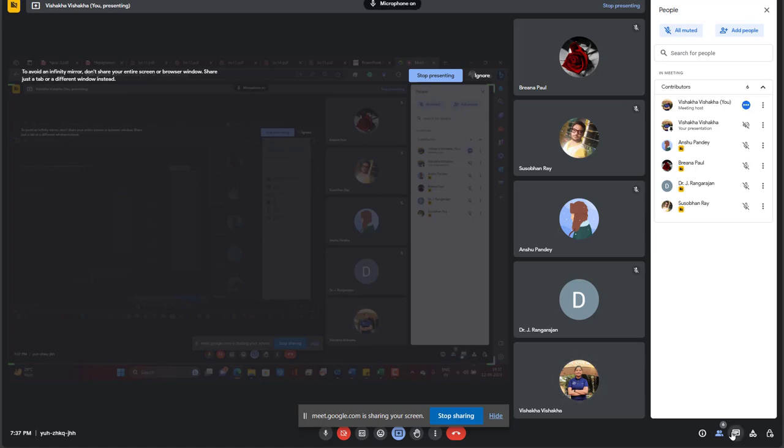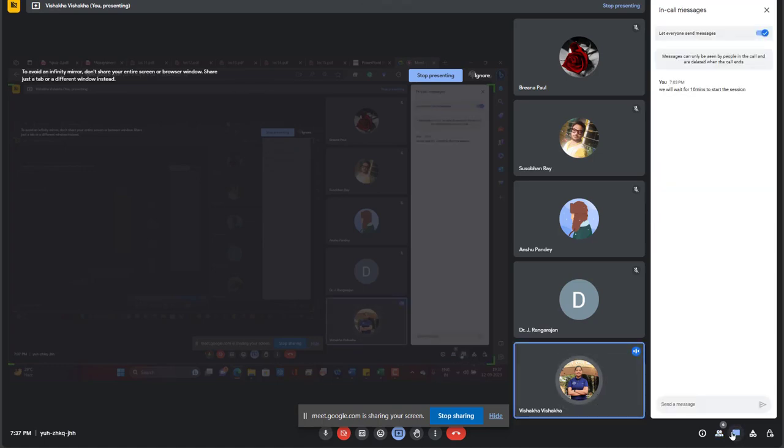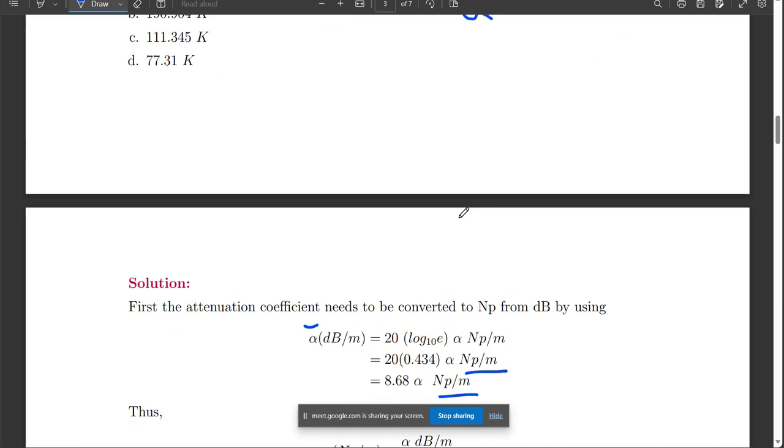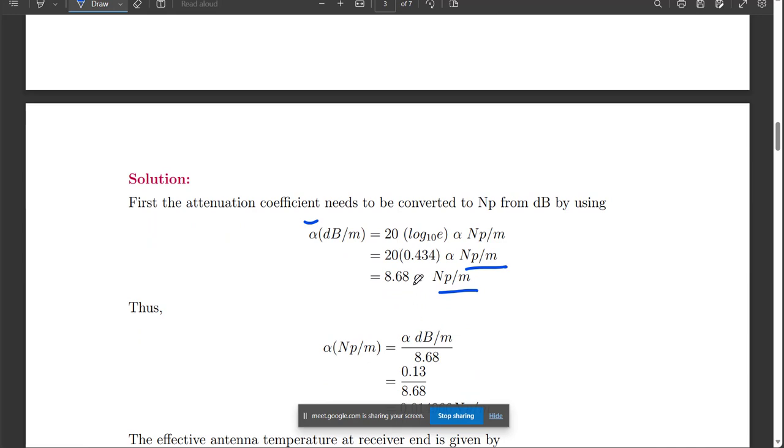Done. Were you able to find out the value of alpha in terms of Nepers per meter? So alpha in dB per meter is 20 log base 10 e times alpha in Nepers per meter. The log base 10 e value is a constant, which is 0.434. So we already know alpha in terms of dB per meter.